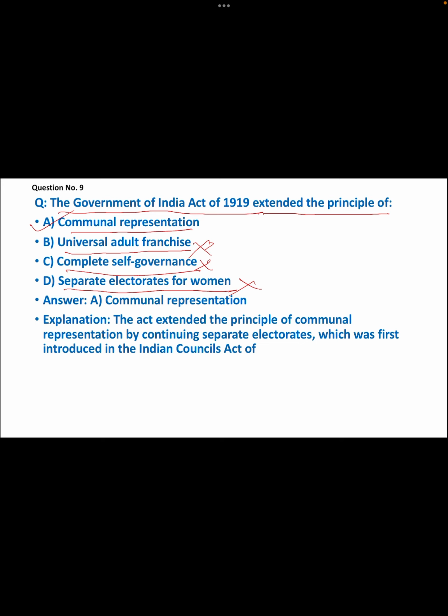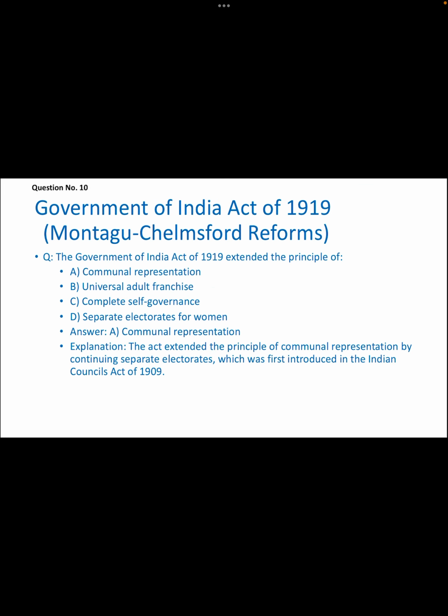The act extended the principle of communal representation by continuing separate electorate, which was first introduced in the Indian Council Act of 1909. So the Government of India Act 1919 further extended the principle of communal representation.